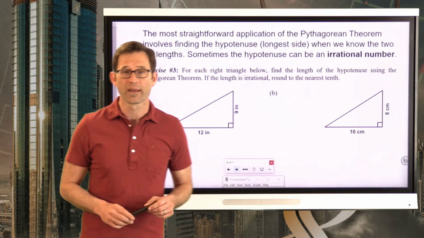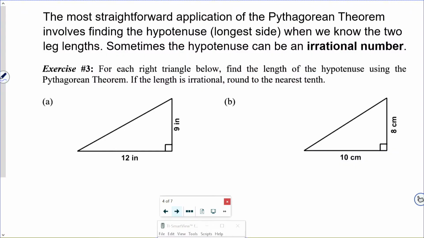So let's take a look at exercise number 3. For each right triangle below, find the length of the hypotenuse using the Pythagorean theorem. If the length is irrational, round to the nearest tenth.